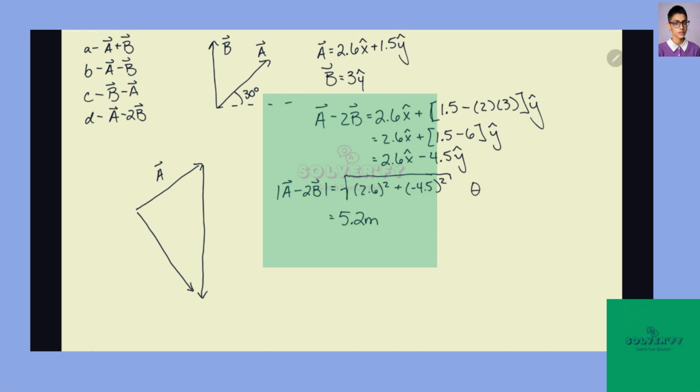And now for our angle theta, we're going to take the inverse tangent of negative 4.5 over 2.6. And that gives us negative 60 degrees. So kind of the same angle, just with a negative sign in front because we're dipping below the x-axis instead of above the x-axis.